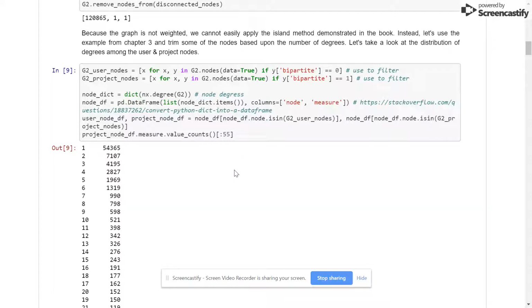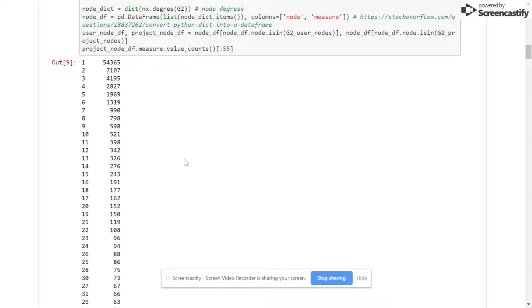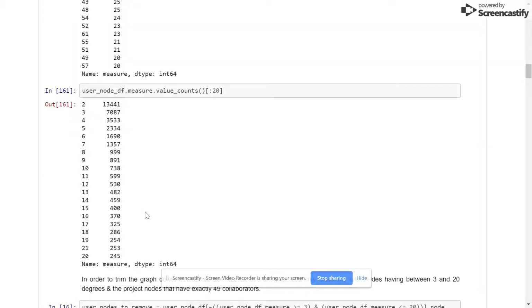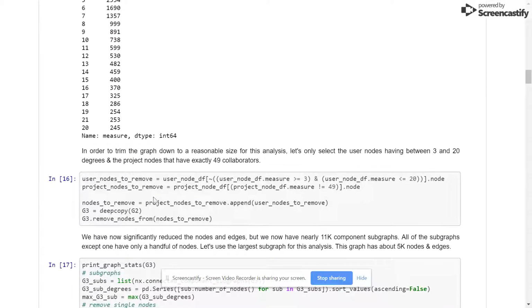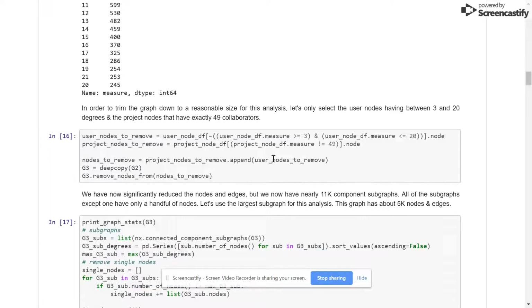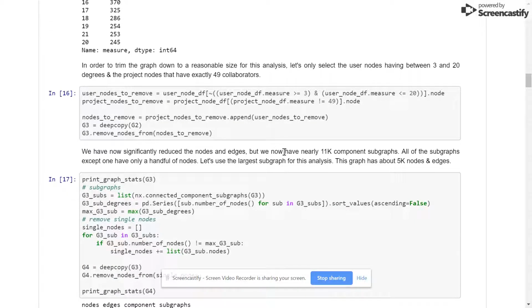And we're going to do this based upon how these degrees are distributed among the project nodes here and the user nodes here. In order to get this graph down to a reasonable size for our notebook analysis, we're going to select only the users that have between 3 and 20 degrees and the project nodes that have exactly 49 collaborators.